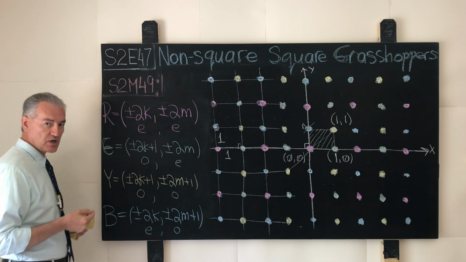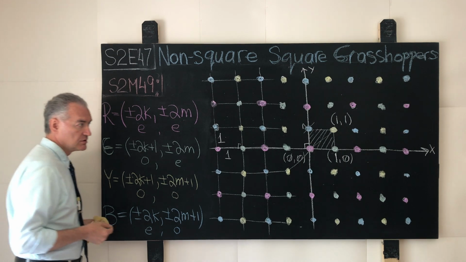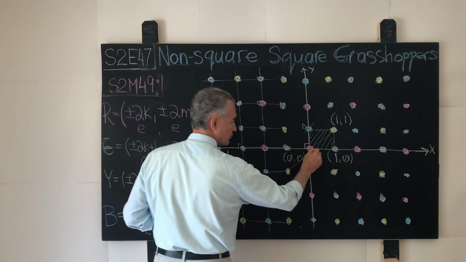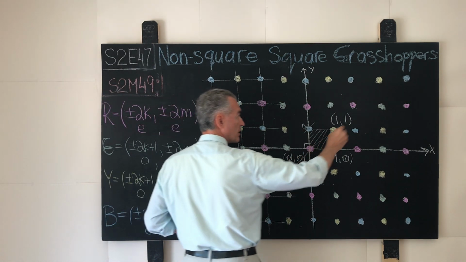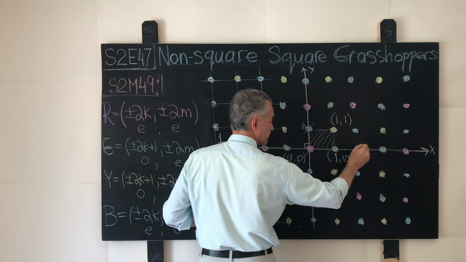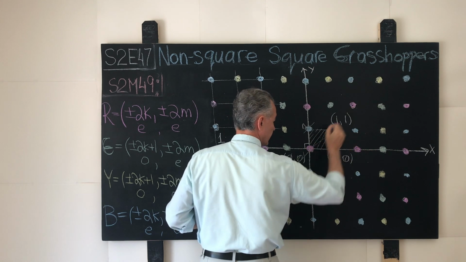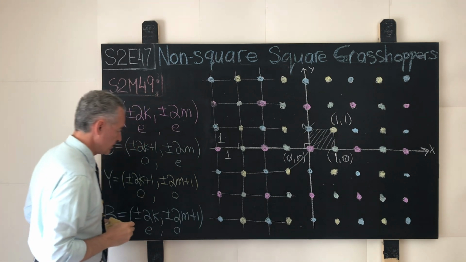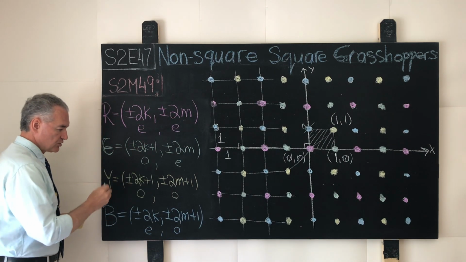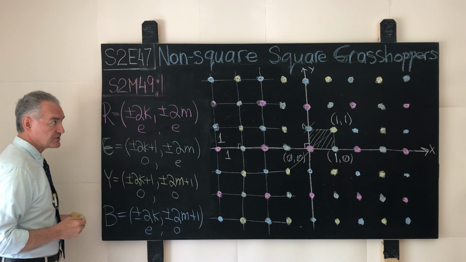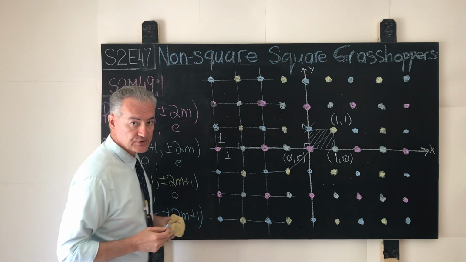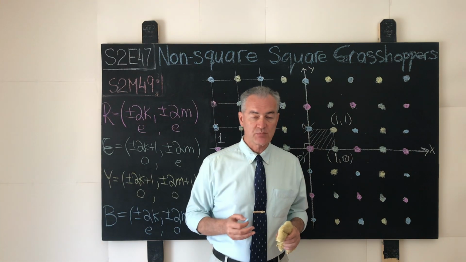Under any legal jump, the color of the grasshopper that executes the jump will exactly coincide with the color of the node in which this grasshopper can find itself under any circumstance.